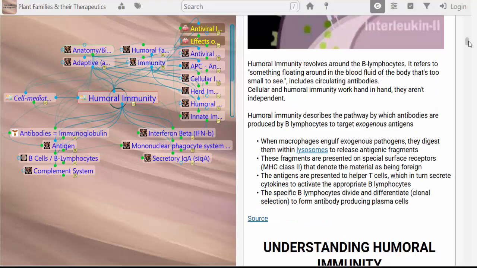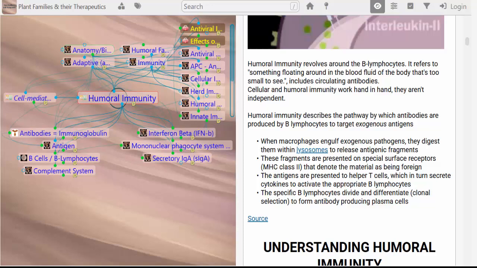The term humoral immunity is describing the pathway by which antibodies are produced by our B cells to target exogenous antigens. What are exogenous antigens? Those are going to be coming from something outside of ourselves, like bacteria.